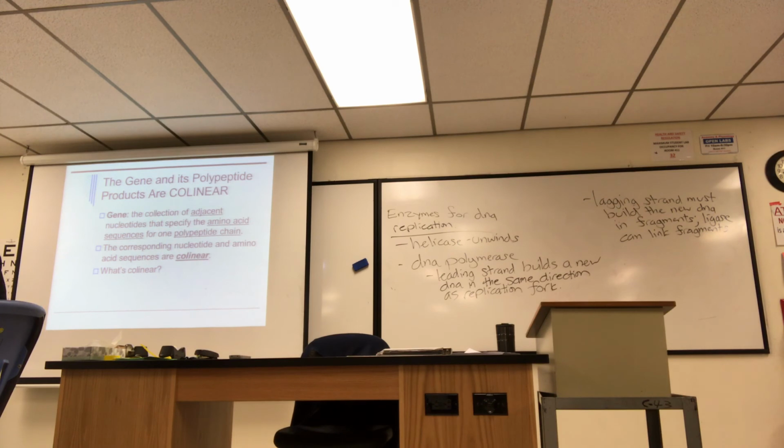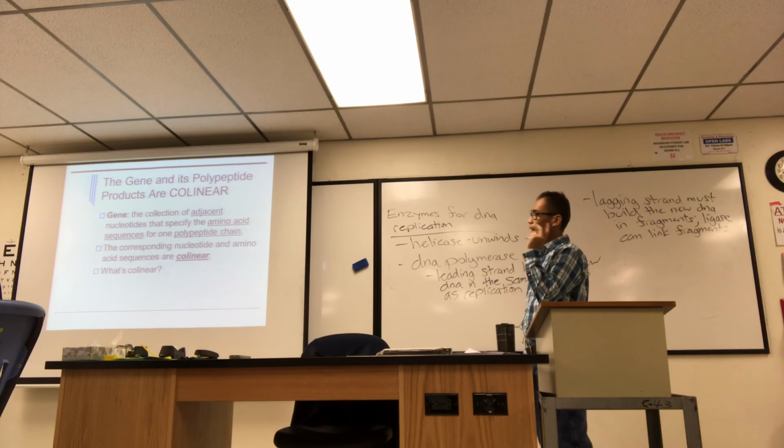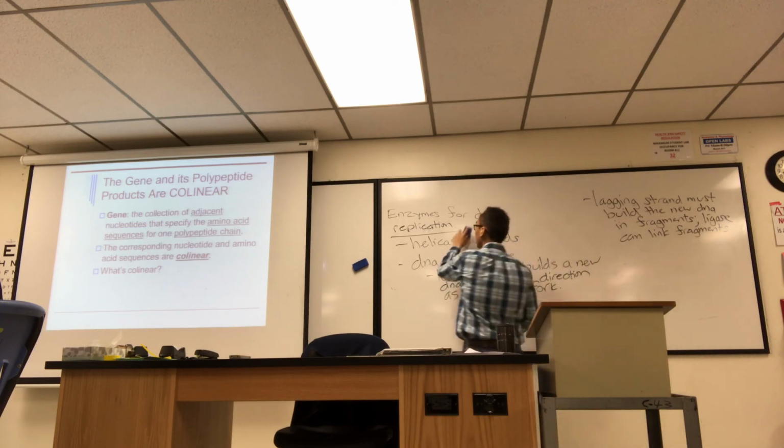The other idea we try to get across to students is that the gene and its polypeptide products are collinear. The first big concept is the base pairing. Now we have this idea of gene and polypeptide being collinear.